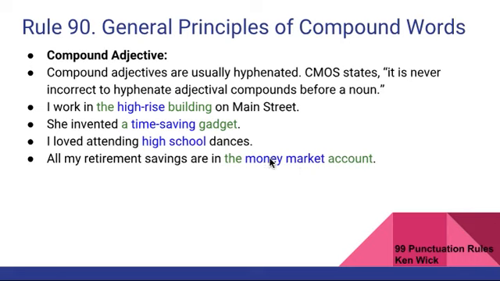Money market is a compound adjective which is open if you look it up in the dictionary. But if you are in doubt, and it isn't there, the CMOS is saying it's never wrong to hyphenate these. So technically you could hyphenate these according to CMOS, but if you look these up in the Merriam-Webster dictionary, these are open.